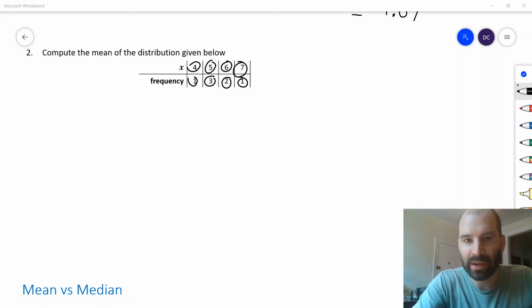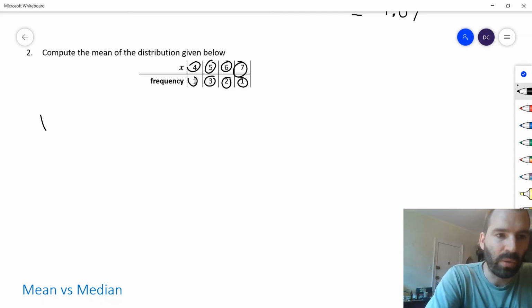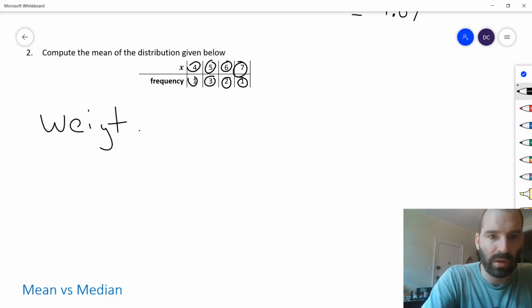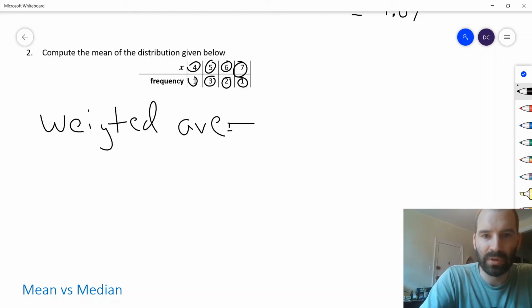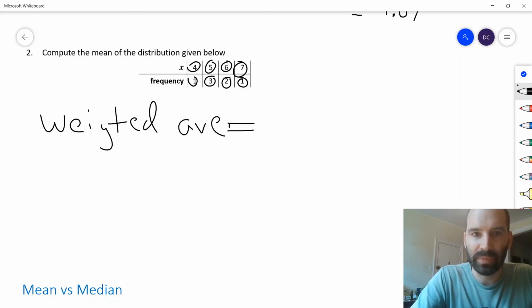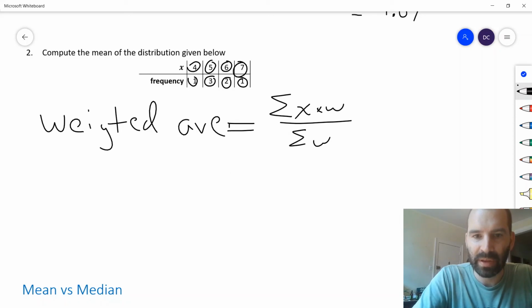So let's go ahead and do that. So the weighted average here is going to be equal to, well, we remember the formula was the sum of each data value multiplied by the weight divided by the sum of the weights.